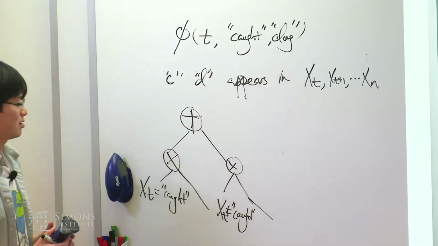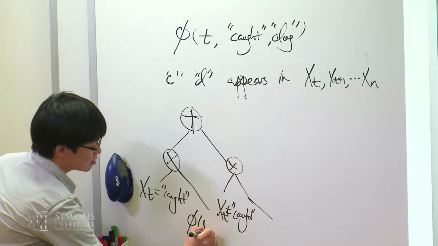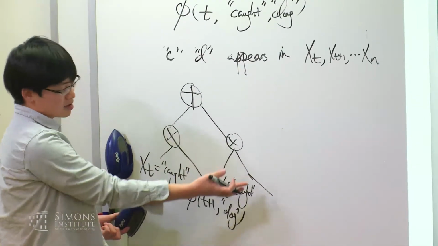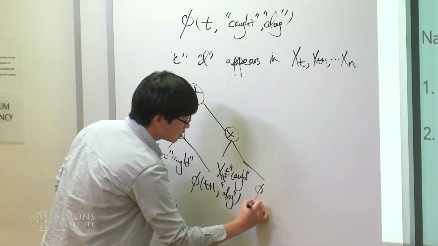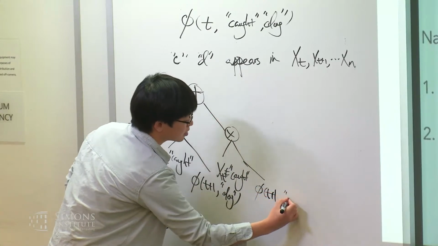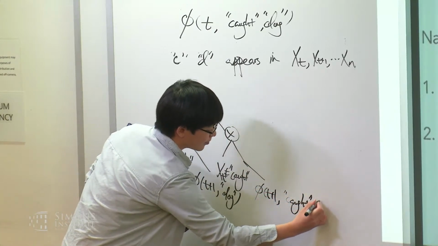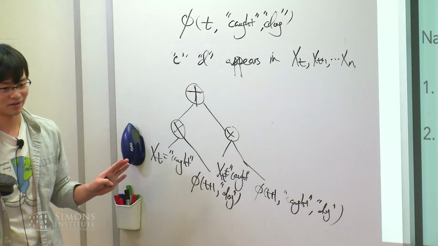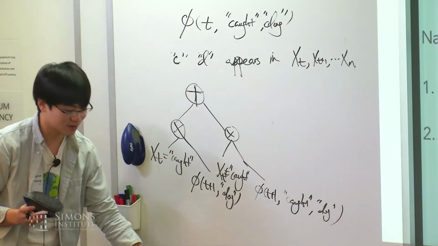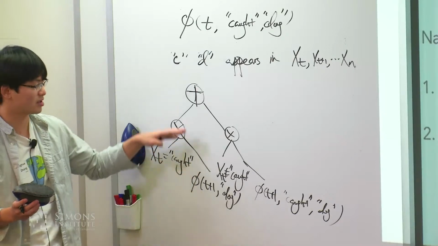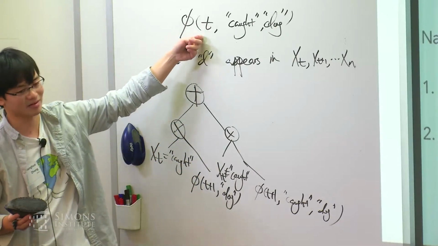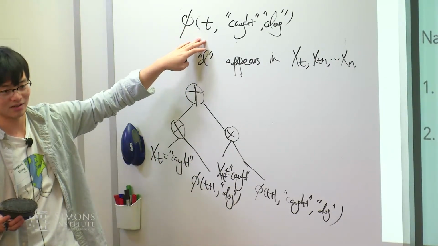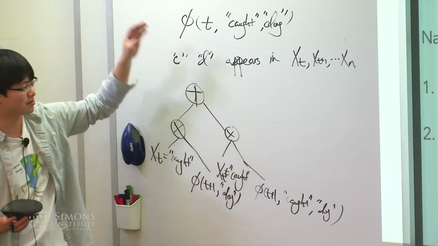So we can reduce it to phi_{t+1} dog. And suppose x_t is not cat, we're in the same state. So we reduce it to phi_{t+1} cat and dog. Okay. Is that clear? So suppose we have constructed phi for all time steps greater than t, then we can construct all the phis for t. Right? Okay, so it's a recursive algorithm.